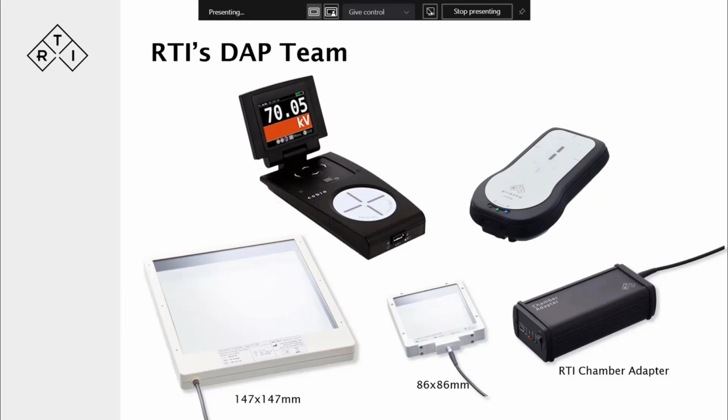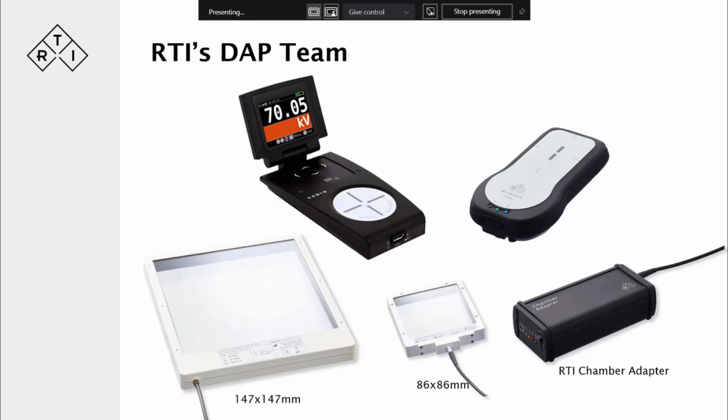If you buy them, you need, of course, a chamber adapter, and as you know, the calibration data for the DAP chambers is stored in the chamber adapter. So if you buy them together, you can get the calibration data programmed into the chamber adapter.